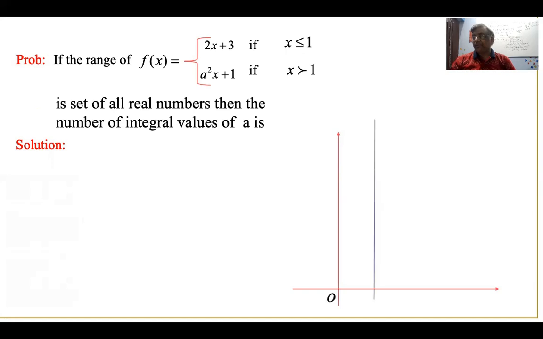Therefore, first draw the line x is equal to 1. When x is less than or equal to 1, it is given by the formula y is equal to 2x plus 3. When x is greater than 1, on the right side of it, it is given by the formula a square x plus 1. And this y is equal to 2x plus 3 meets the line at x is equal to 1.